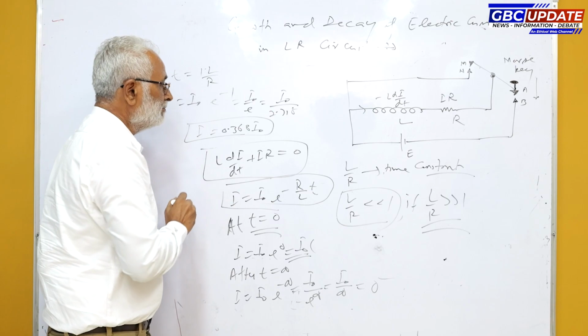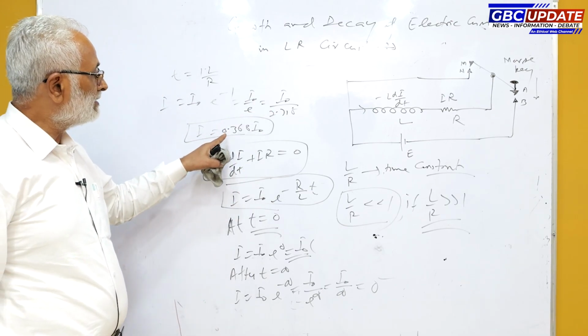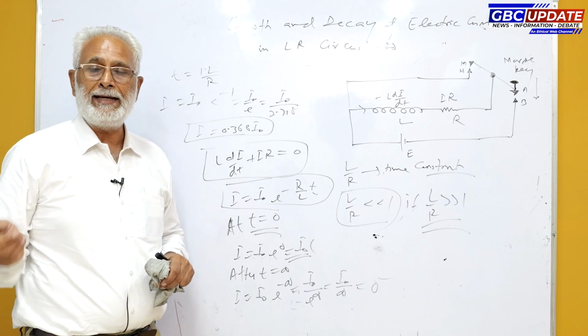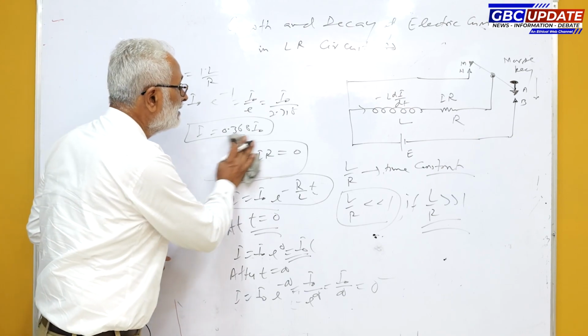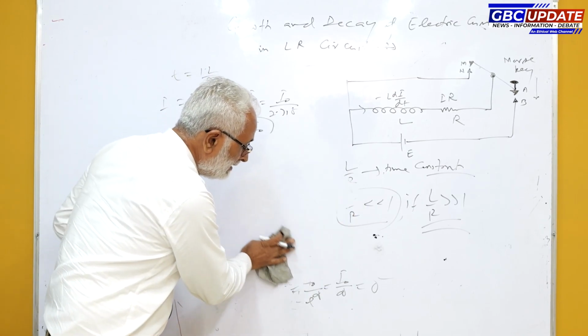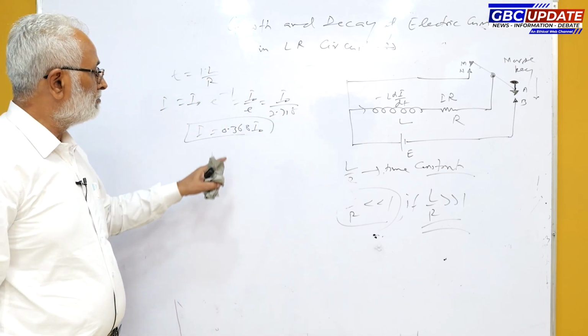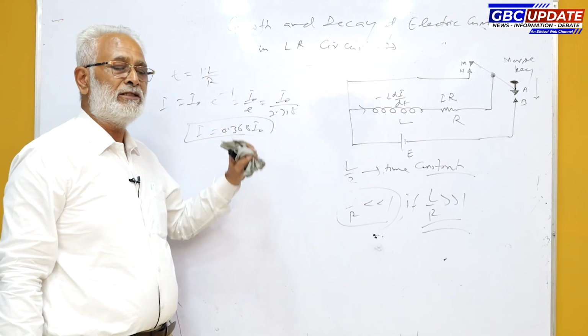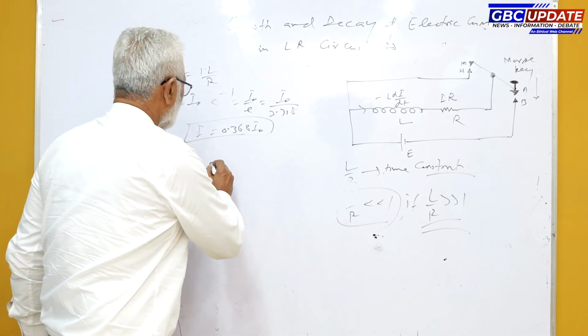So the time constant may also be defined as the time in which the electric current decays to 36.8% of its initial maximum value. Thus, again in this case, current takes theoretically infinite time to become equal to 0, but practically current becomes equal to 0 almost in 5 time constants.